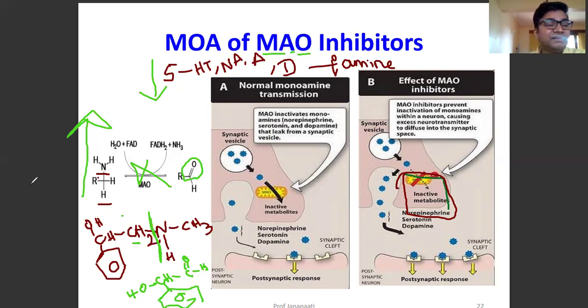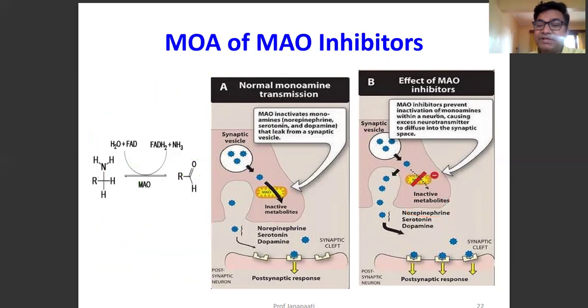Now when you give MAO inhibitors, the MAO enzyme is blocked, and all the neurotransmitters go into the synapse and bind to the receptor. So this is normal neurotransmission, and this is with an effective MAO inhibitor. This is the mechanism of action of these drugs.